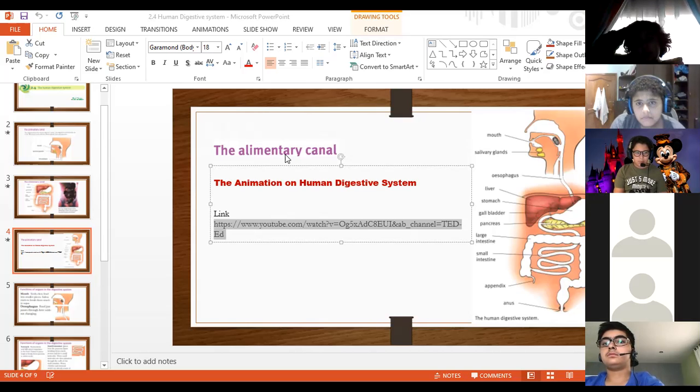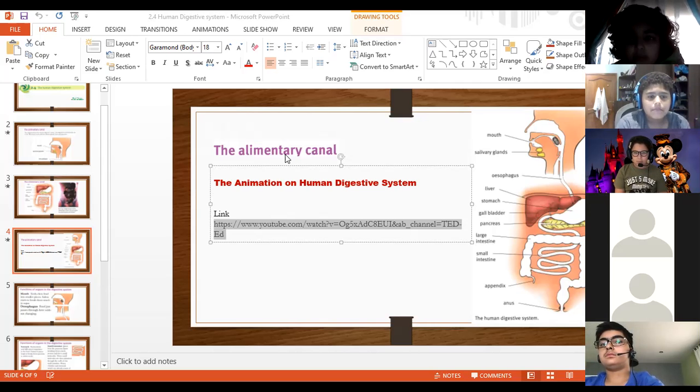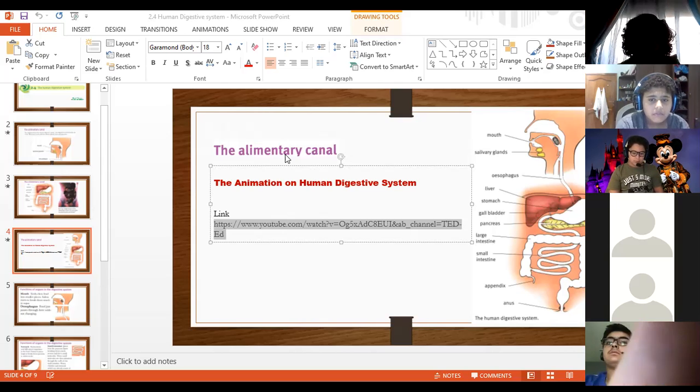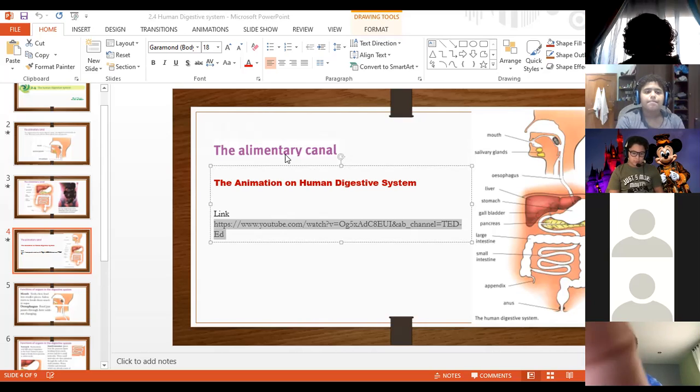The food doesn't go through them, but their secretions, their gastric juices, and their hormones are very important. Without them, the digestion will not be able to take place. It won't be properly digested, right? So we separated them from the alimentary canal, but they are part of the digestive system.